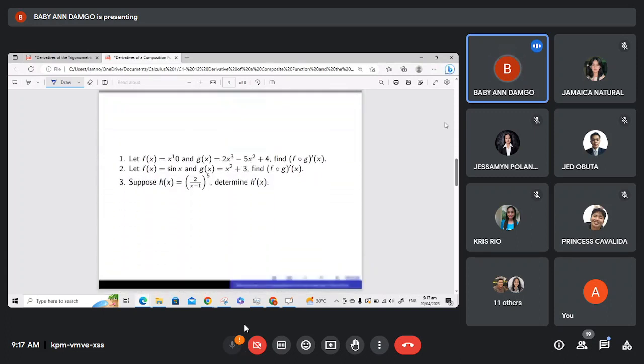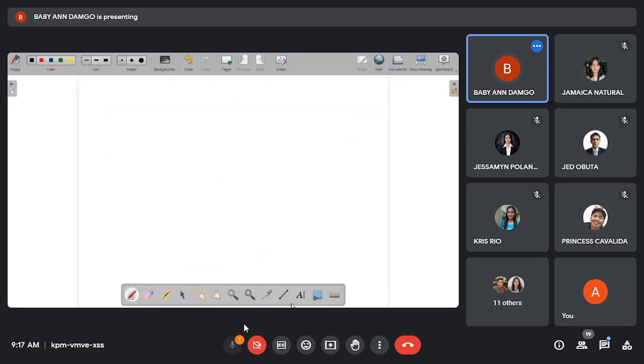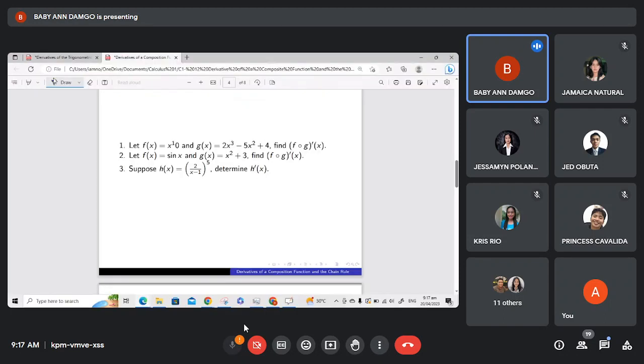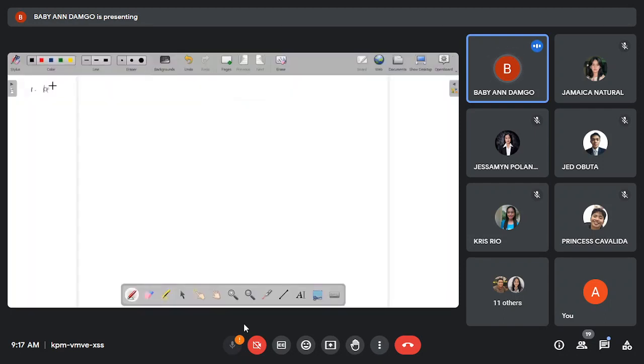So for example, for number 1, we let f of x is equal to x to the 10th. Then your g of x is equal to 2x cubed minus 5x squared plus 4.